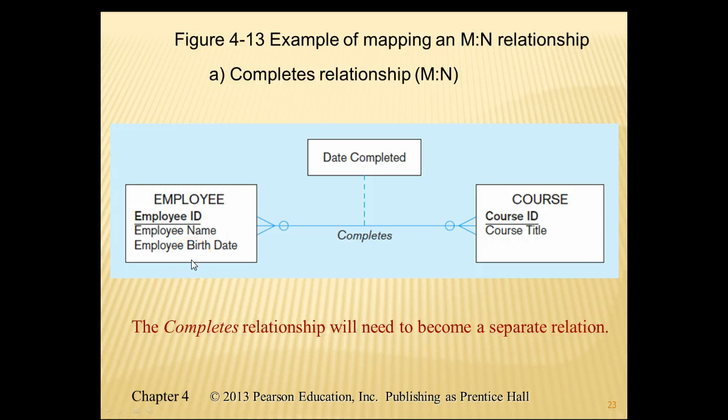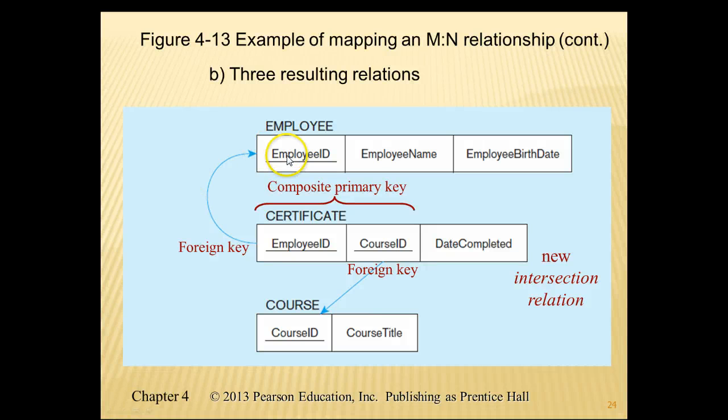So let's see how that happens. We effectively create a new entity called certificate that has a composite primary key of the employee ID and the course ID, and it has another attribute called date completed. And these, of course, are our original entities of employee and course.